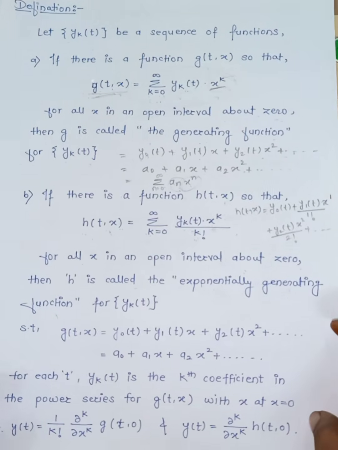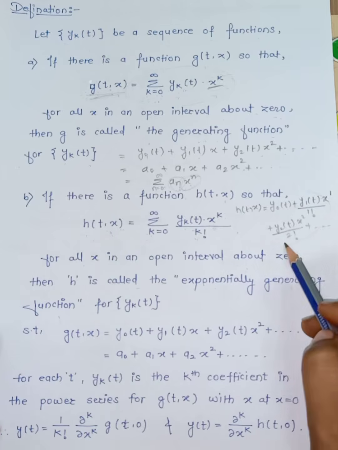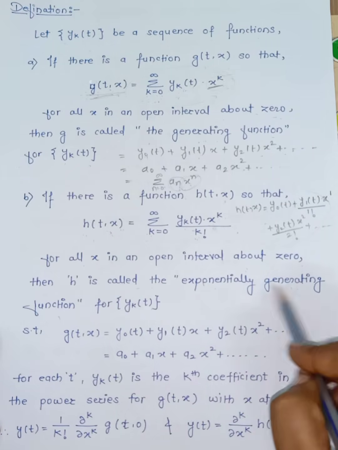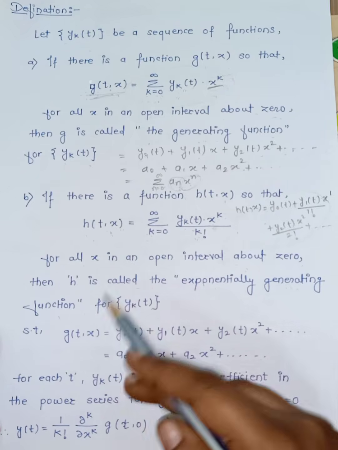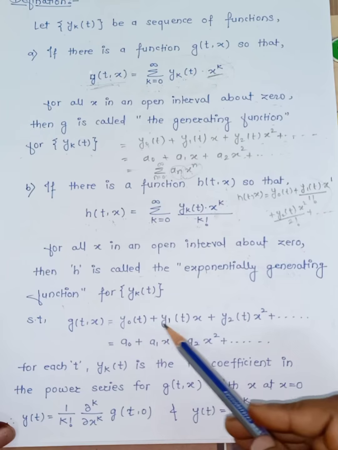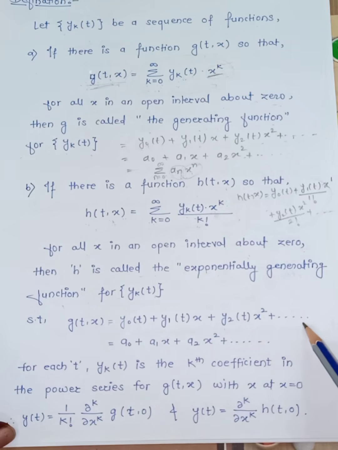So if we write h of t x in this form, we say that this is called the exponentially generating function for y_k of t, such that g of t x equals y0 of t plus y1 of t x plus y2 of t x square and so on.